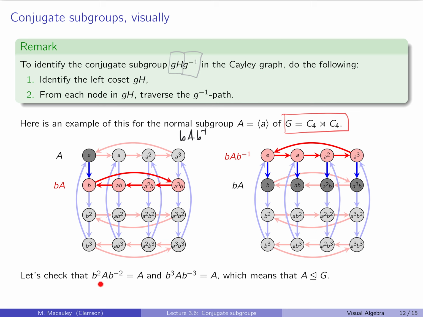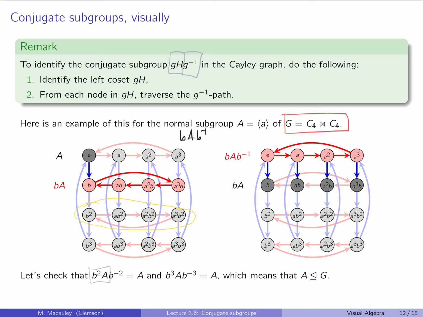Let's also check that these other conjugates, b squared a b minus 2 and b cubed a b minus 3, are also equal to A. So the first one is b squared a, that's this coset right there. And then b minus 2 is backwards blue, backwards blue. So from each of these nodes, following two backwards blue arrows takes us back to where we started.